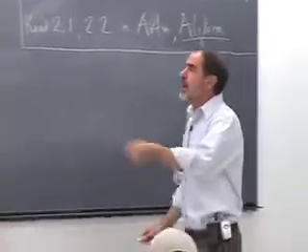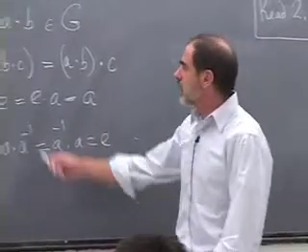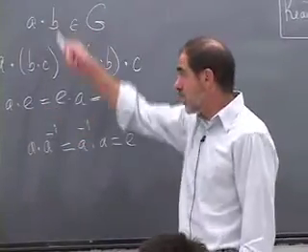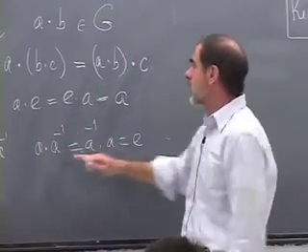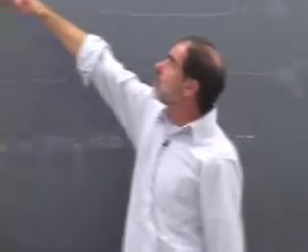Then it's clear that the composition of 3 operators is the same no matter how you compose them. The identity element is the identity matrix with all 1s on the diagonal and 0s elsewhere. And the inverse element is the inverse matrix, and that's why we had to assume that we only took invertible matrices here.